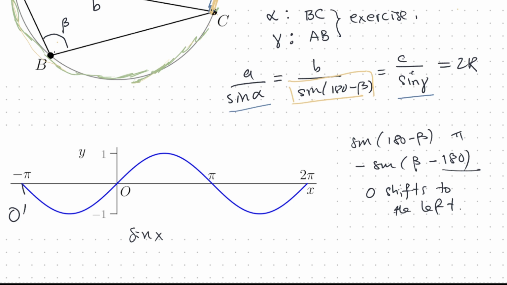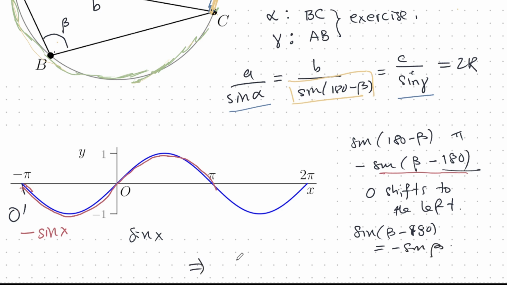So what is this function? Well, if I put my origin here, this function actually looks a lot like sine, except it's upside down. So what I actually have here is minus sine x. So what we've shown here is that sine of beta minus 180 is minus sine beta.